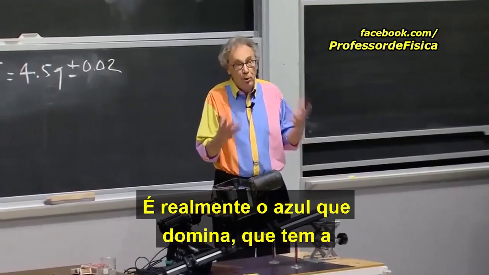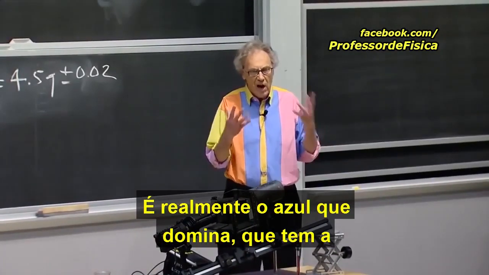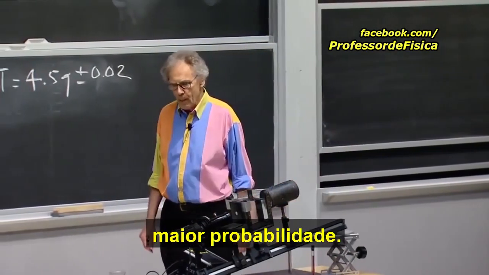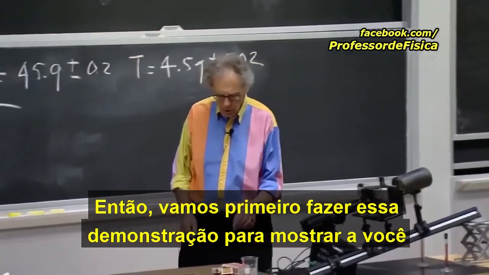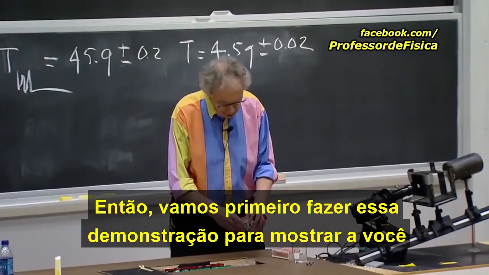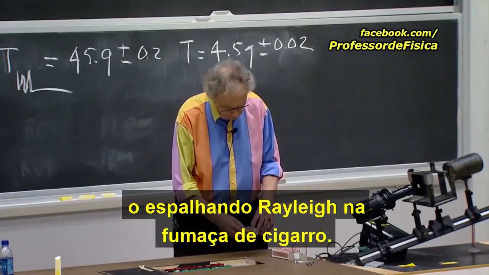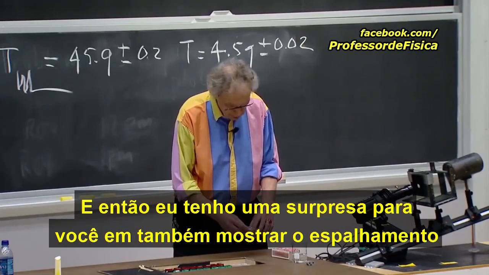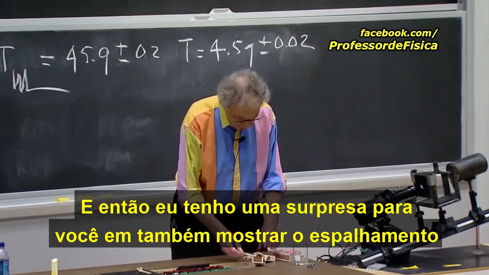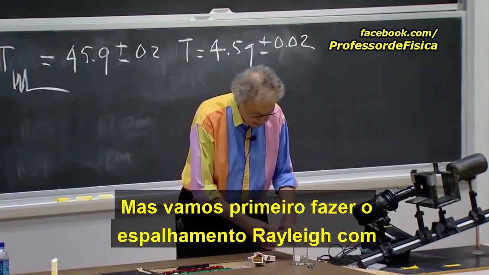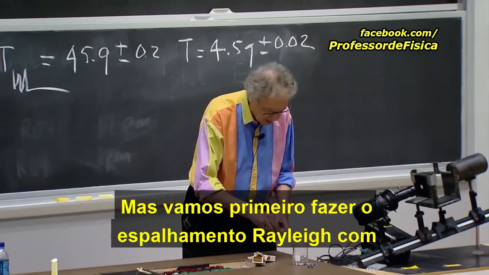It is really the blue that dominates it, that has the highest probability. So we're first going to do that demonstration to show you Rayleigh scattering of cigarette smoke. And then I have a surprise for you to also show you Mie scattering. But let's first do the Rayleigh scattering with cigarette smoke.